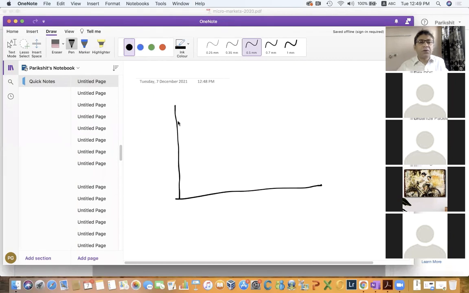First of all, it looks like you may not have an intersection if your demand curve is like this, and your supply curve even starts at a lower point and goes downwards. Sorry, this is the demand curve and this is the supply curve.